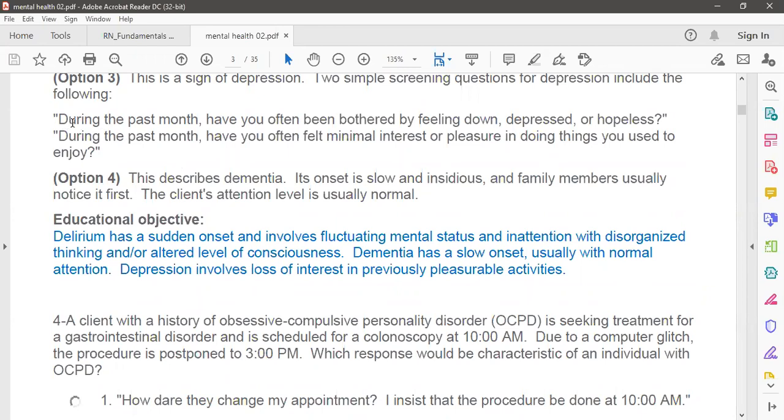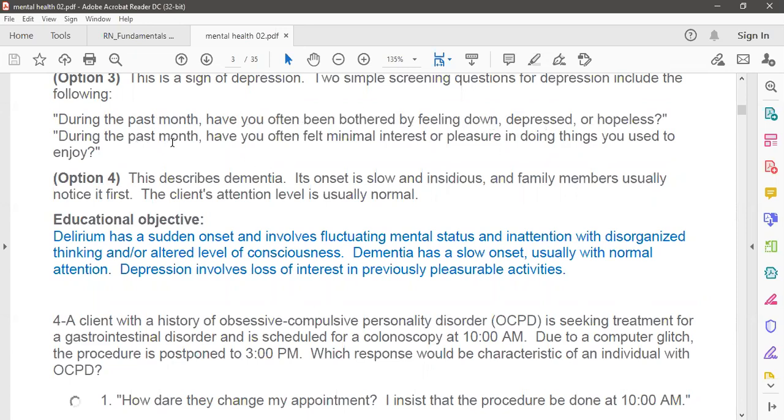If a patient has a depressive disorder, usually during the past month, the patient gives a more than 6 month history, and you ask the question: have you often been bothered by feeling down, depressed or hopeless?